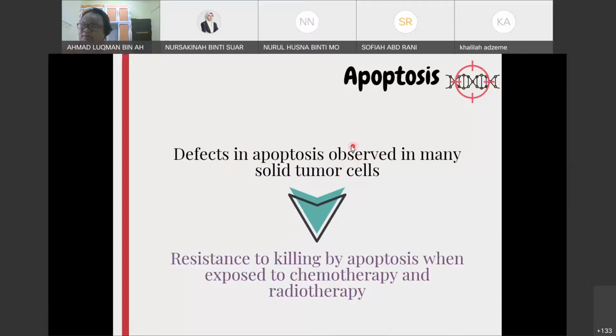So when a cell can't go through apoptosis, it can't die, and it piles up. It can't be gone. It just sits there, and then more accumulate, and this can be seen in solid tumor cells. This resistance to killing by apoptosis can be seen more thoroughly when exposed to chemotherapy and radiotherapy.